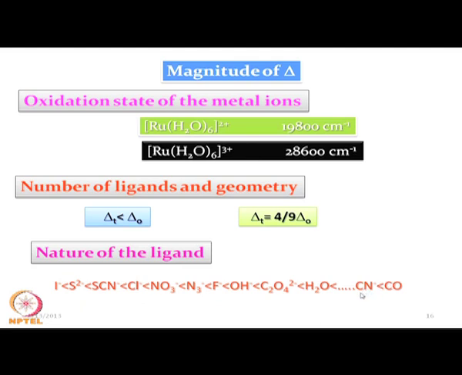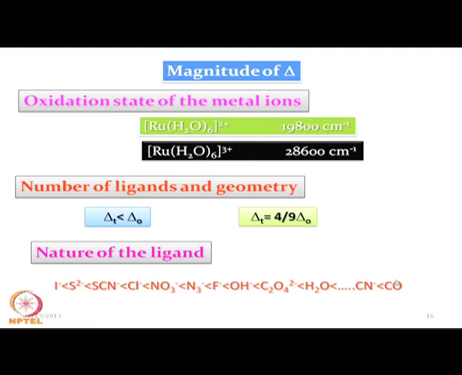And lastly, the two well known strong field ligand systems, what we have already discussed in case of the corresponding nickel compound or the cobalt compound, hexacyanocobaltate and tetracyanonickelate, that cyanide is stronger than water or ethylene diamine.